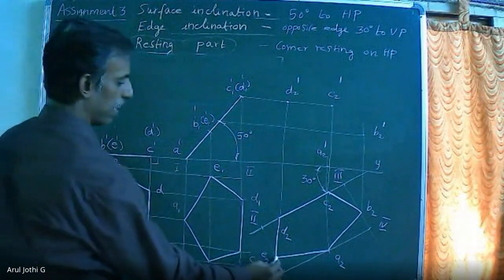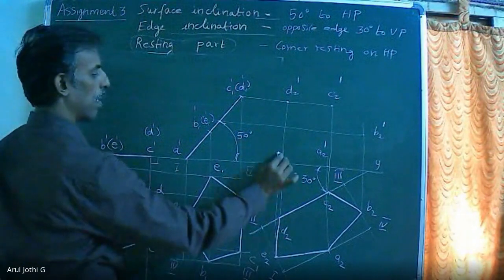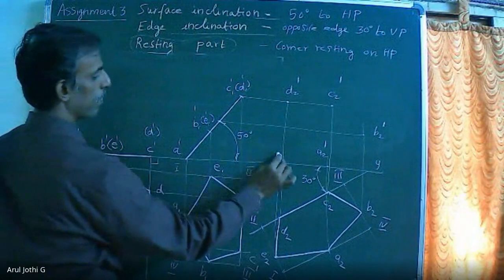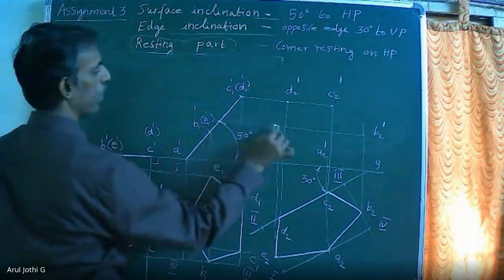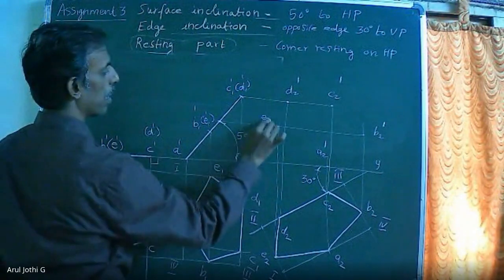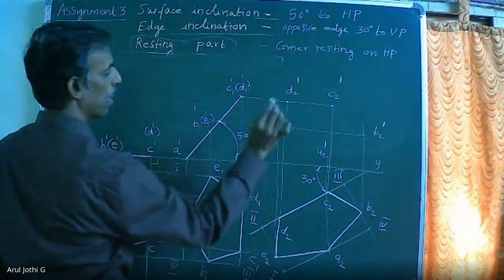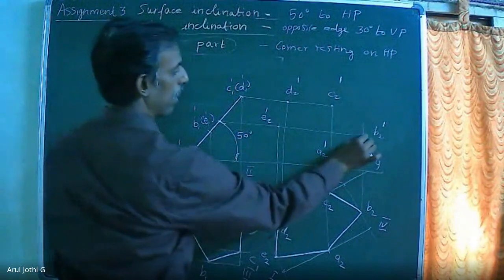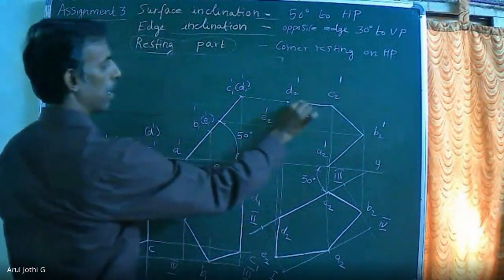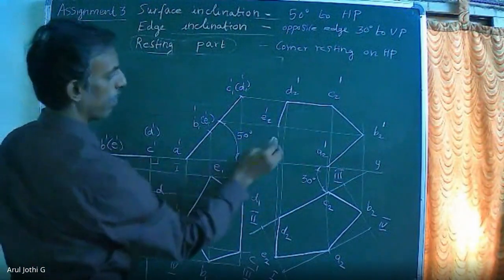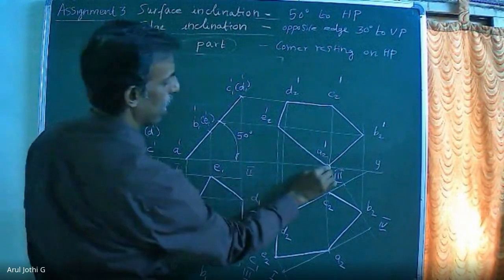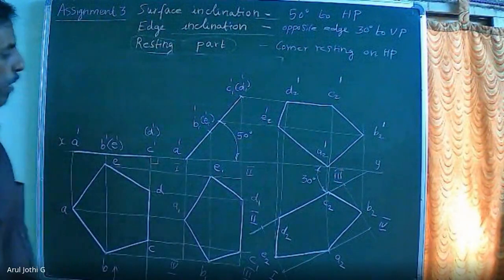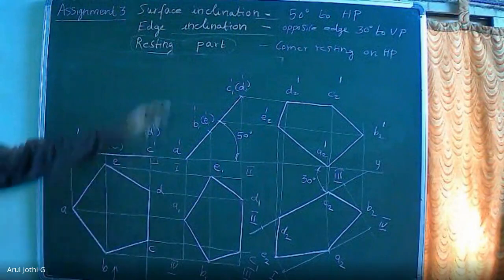Then extend E2, E1 dash. Now join all the corner points here. A, B, C, D, E, and A. So after completing the diagram, you have to check out.